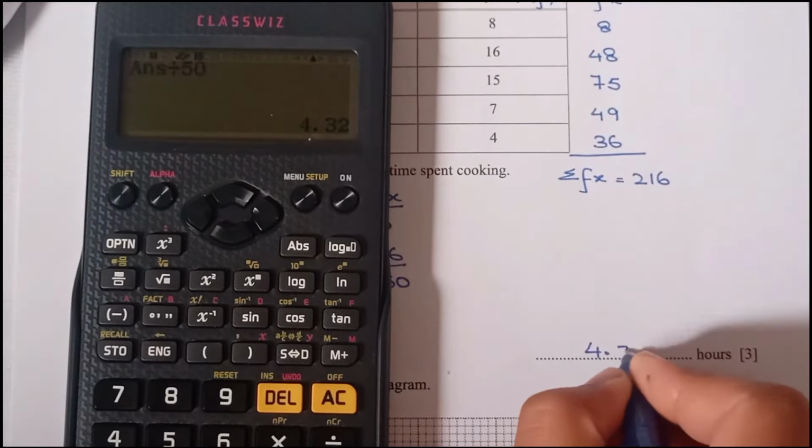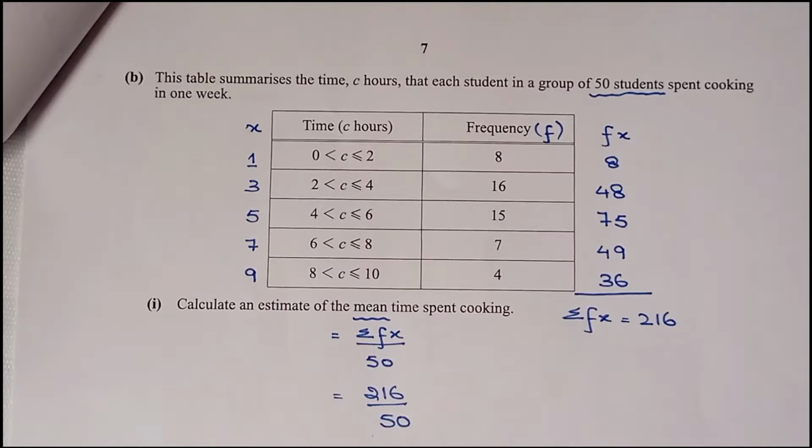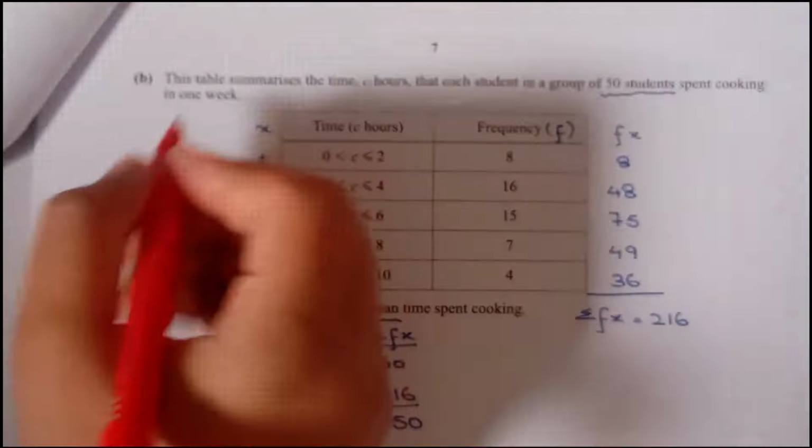Now for the second part, draw the cumulative frequency diagram. For the cumulative frequency diagram, first we need to find the intervals. We need to find the value for C, because time is in terms of C hours.